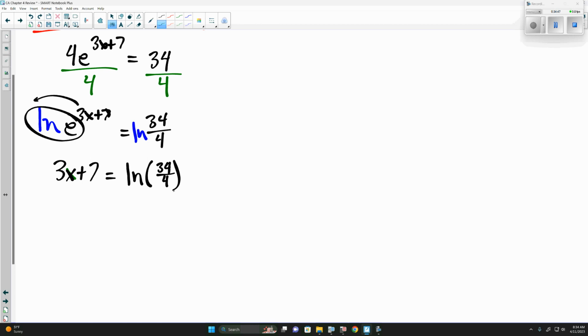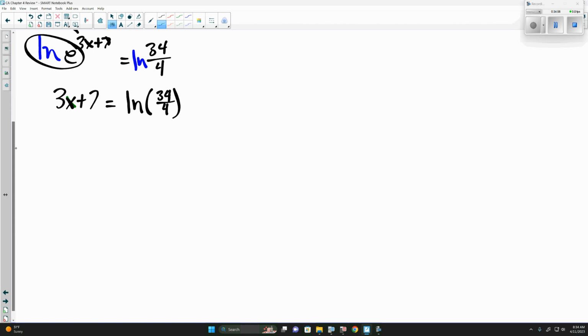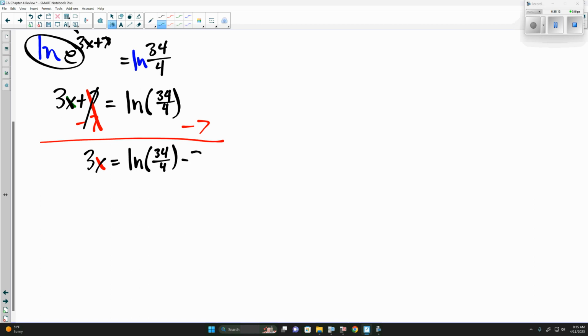Now 34 over 4 does simplify a little bit, but not enough. I mean, if you wanted to change it to 17 halves, you can. There's nothing wrong with that. But I'm going to leave it as is at this point. The next thing we can do is subtract 7 from both sides, telling us that 3x is equal to ln of 34 over 4 minus 7.